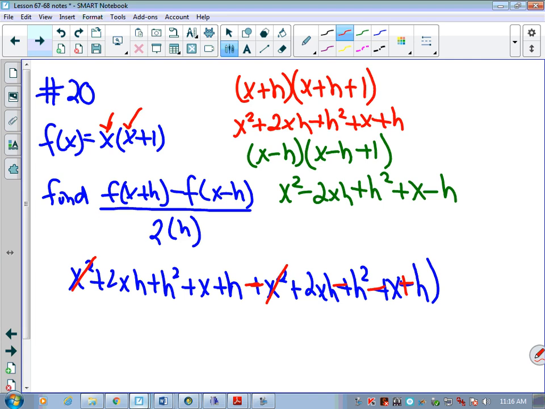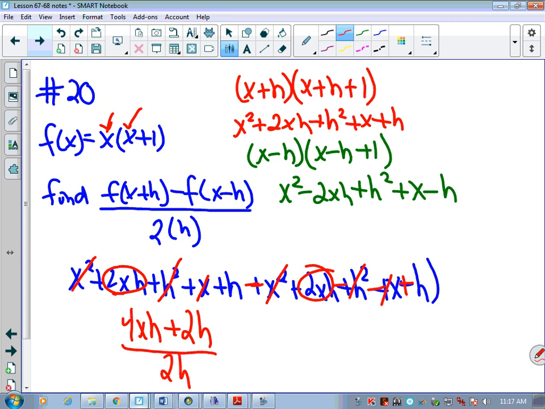I've got 2xh plus 2xh, so that should be 4xh. I've got h squared minus h squared, so these cancel out. Then x minus x. The h squared is negative on the other one; I just didn't do a very good job with it. And then h plus h, so I should get plus 2h. And then I'm dividing it by 2h.